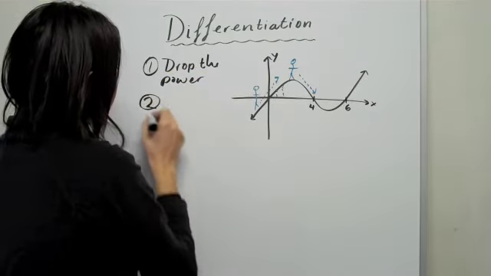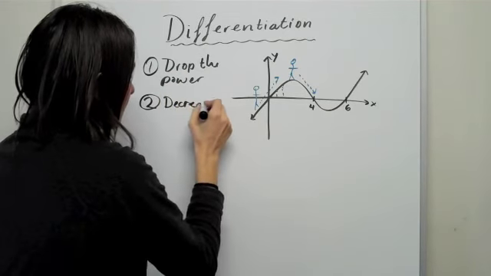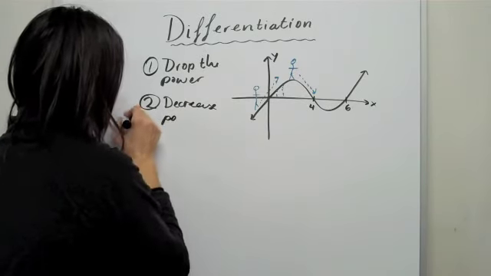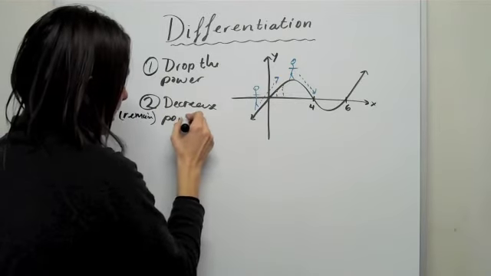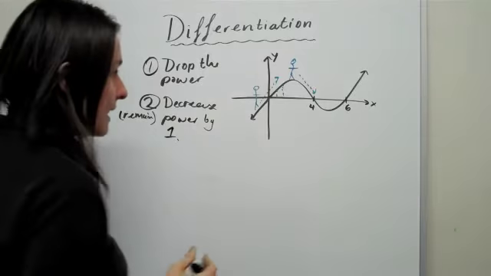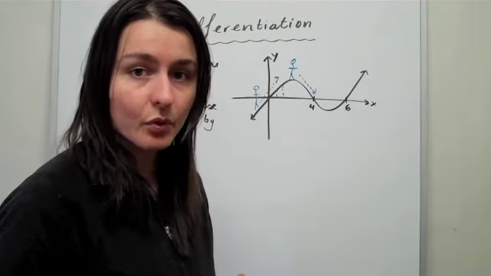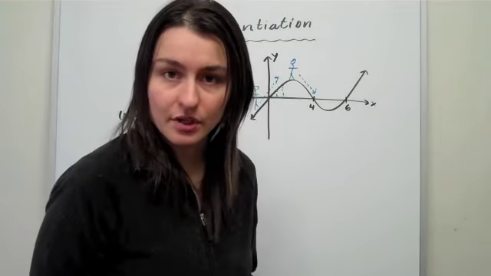And the second thing that you have to do is decrease the remaining power by 1.